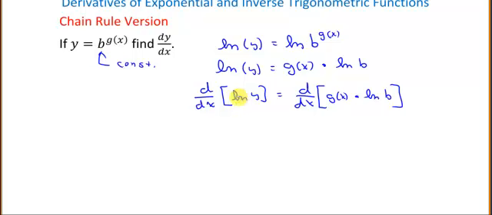We'll have to use the chain rule: take the derivative of the outside function, that's 1 over y, evaluated at the inside function y, times the derivative of the inside function, y prime. On the other side, we can take out the natural log of b because it's a constant factor.